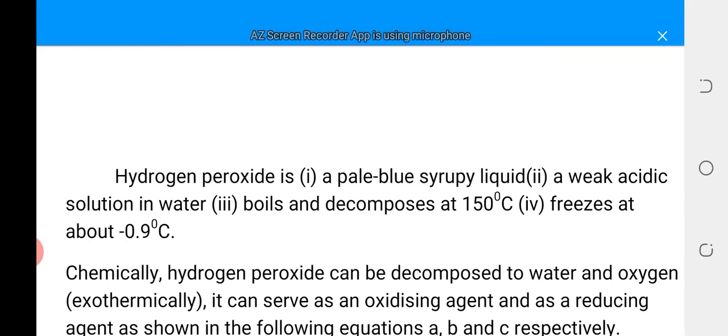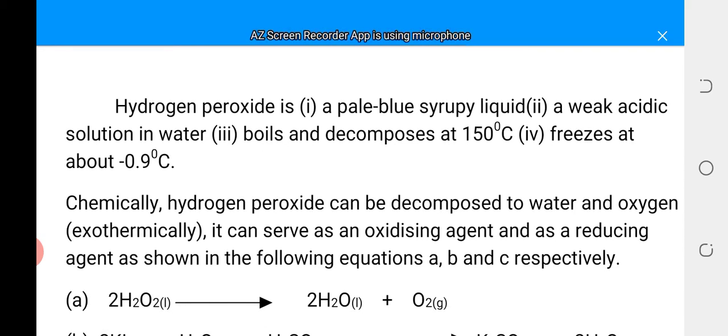When it boils, it gets decomposed at about 150 degrees Celsius. Then it freezes at about minus 0.9 degrees Celsius. All these point to the physical properties of hydrogen peroxide.